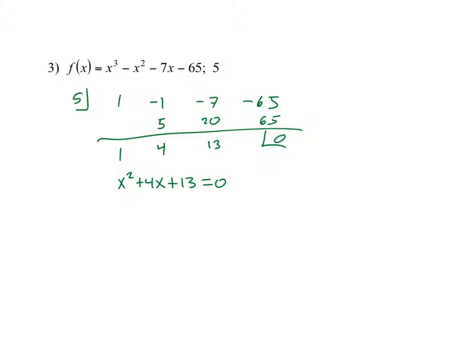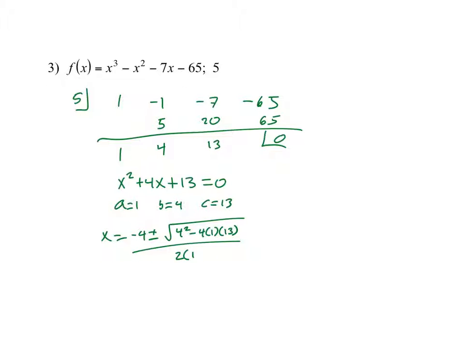Now again, there are no two numbers that multiply to give 13 and add to give 4. So quadratic formula: a equals 1, b equals 4, c equals 13. So x equals the opposite of b, plus or minus the square root of b squared minus 4 times a times c, divided by 2 times a. So x equals negative 4 plus or minus the square root of 16 minus 52, divided by 2.